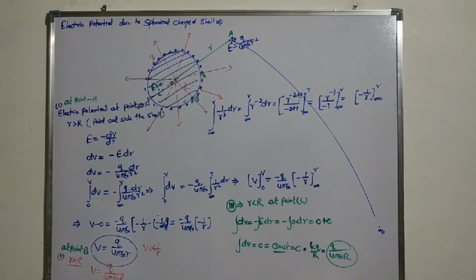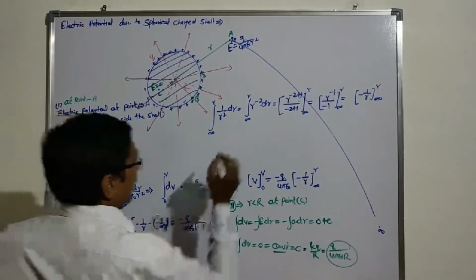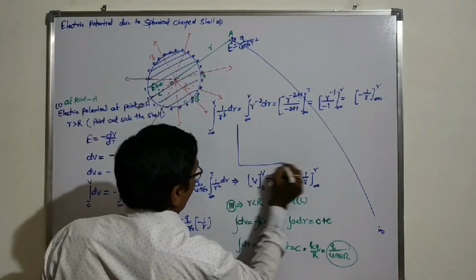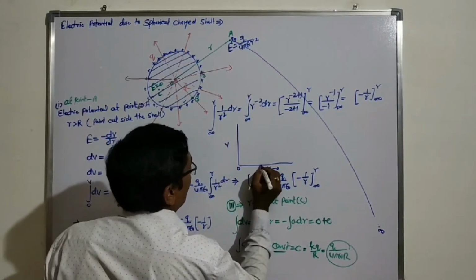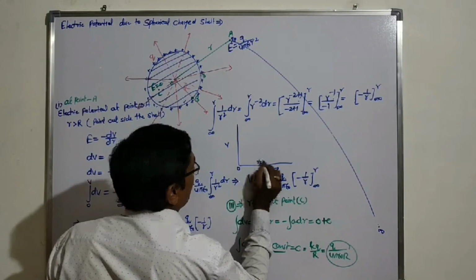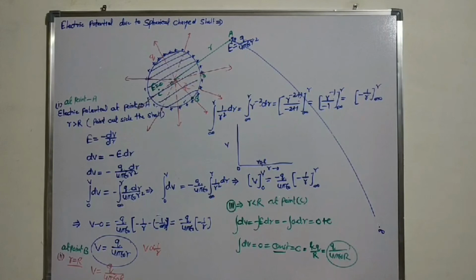Now we can plot the graph between V and r. Here is r, here is V, and this is the center. When r equals R, that means it is the surface, the potential is maximum, at the surface of the spherical shell.